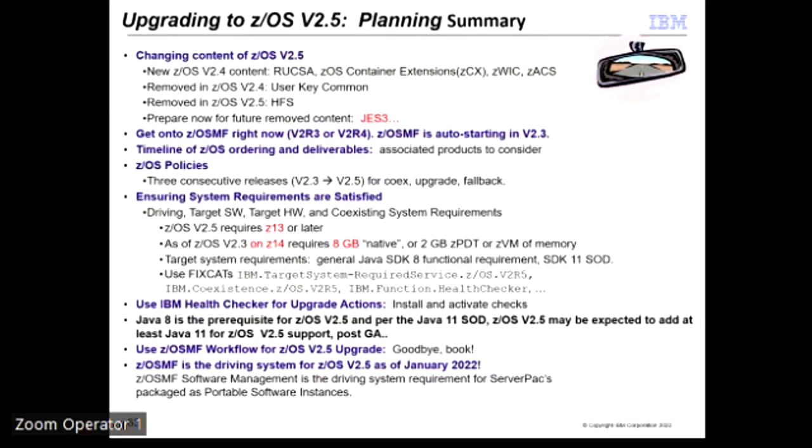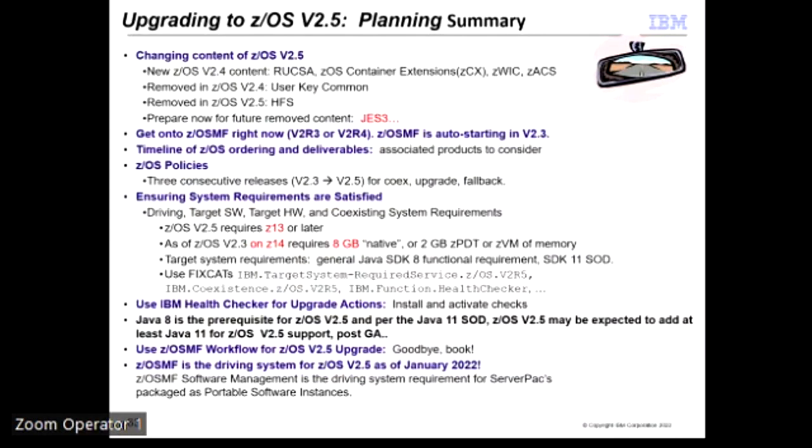Mark did mention this, but I think maybe it deserves a second mention in the summary. When z/OS 2.5 goes out, we're going to require Java 8 SDK 64-bit. We need that for z/OSMF to do the install and for z/OSMF in general and other stuff as well.